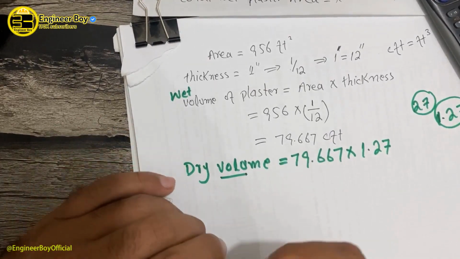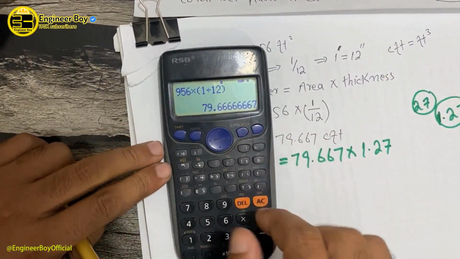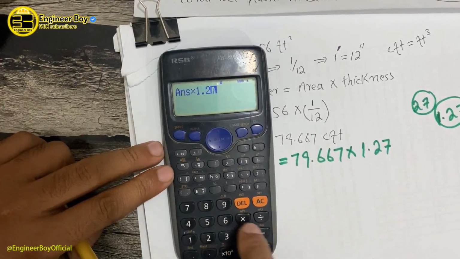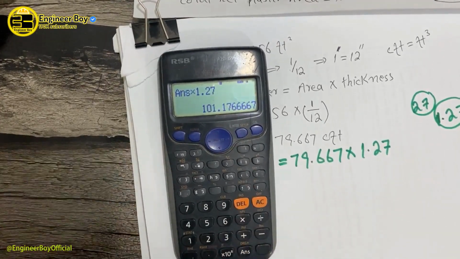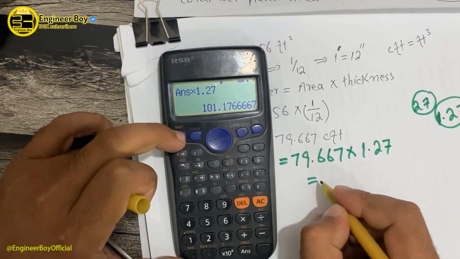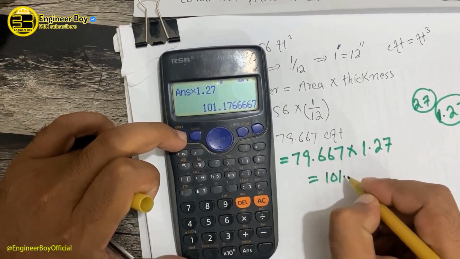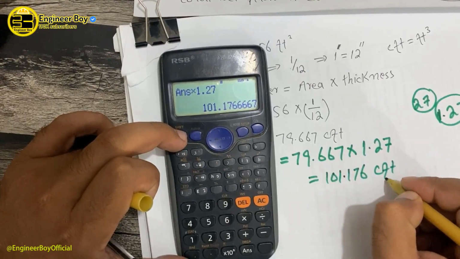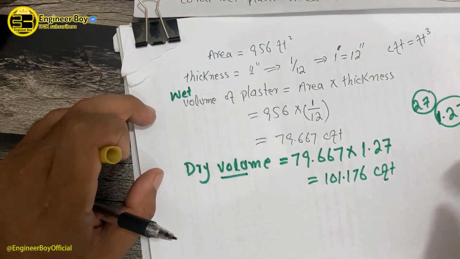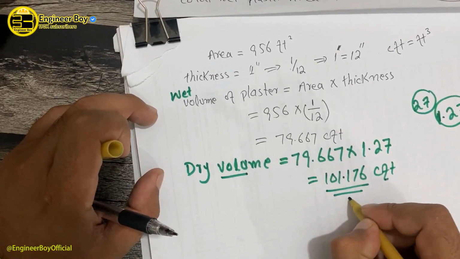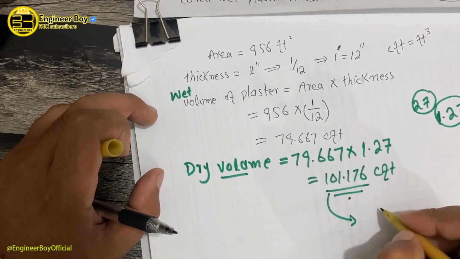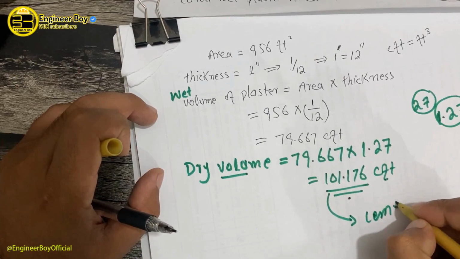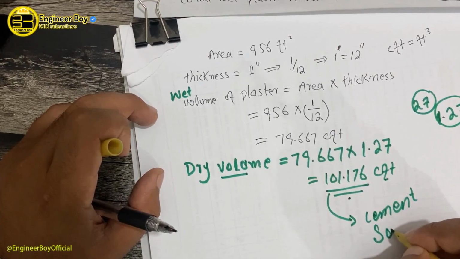So you can do it with a calculator, and we get the dry volume equals 101.176 CFT. CFT means just the cubic feet. Now this is what we actually want. From this we can determine cement and then sand very easily.